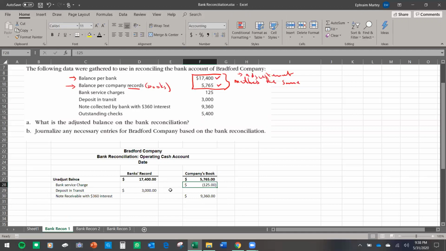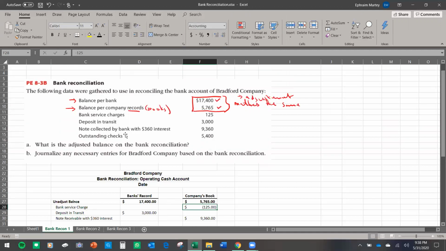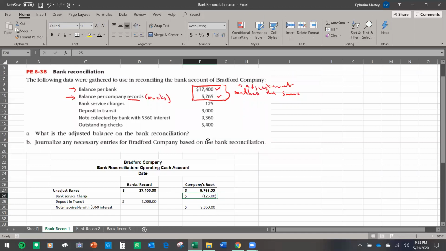Now, what do we have here? Again, it's outstanding checks. Outstanding checks means we have written a check for someone, like you have written a check for me that should come out of your account, but I haven't cashed it yet, so it's outstanding. Remember, these two are opposite.